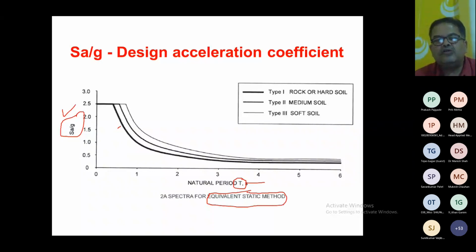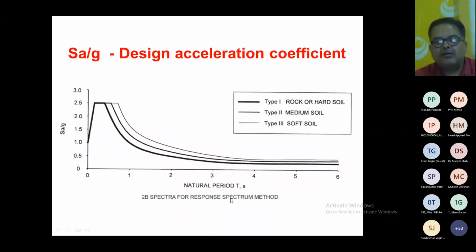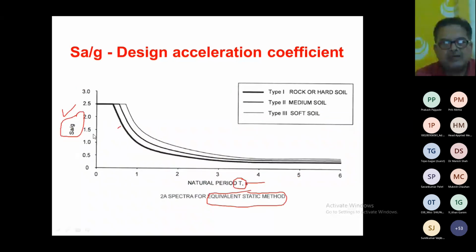The code has given 2 curves, one for the equivalent static method and one for the response spectrum. Now here, what is the difference? Here you can see it is 2.5 times.